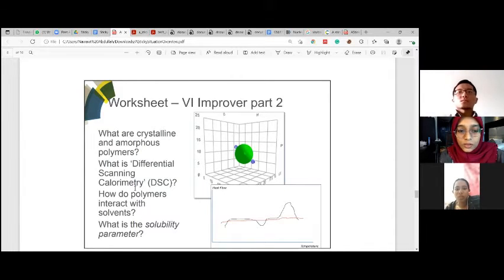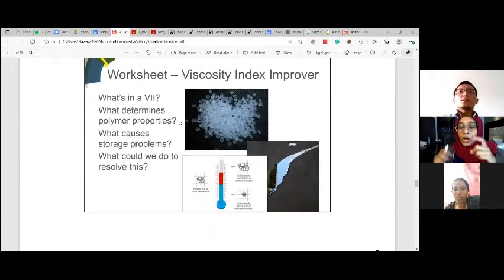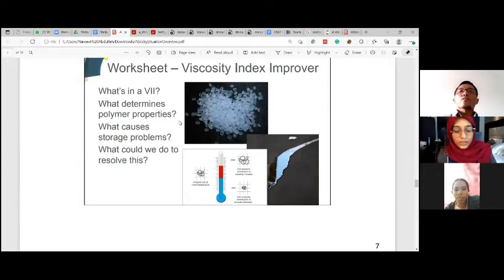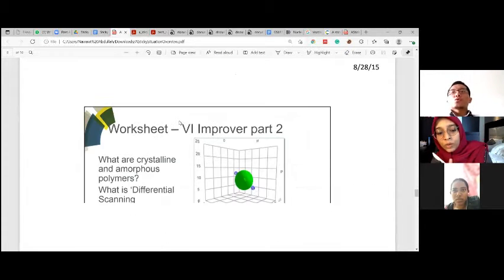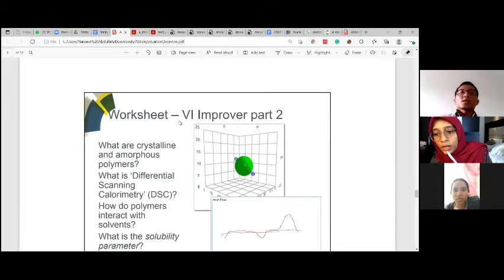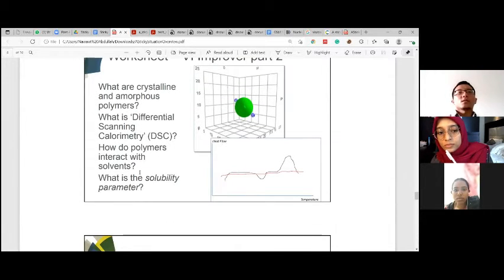But this test is for what? I think this test is for VII, the viscosity index improver. Means to check the level or what? No, whether this viscosity improver is really compatible with our oil, right? Check the properties changes, I guess. How the polymer interacts with solvent.